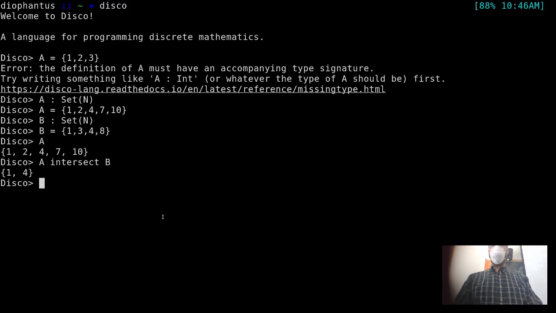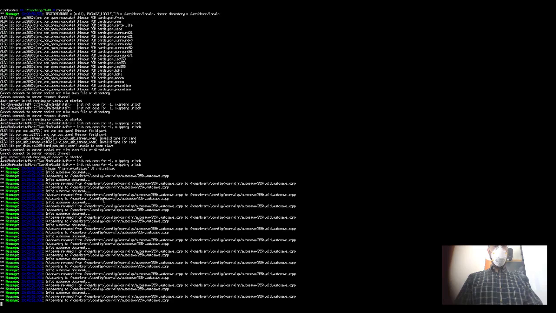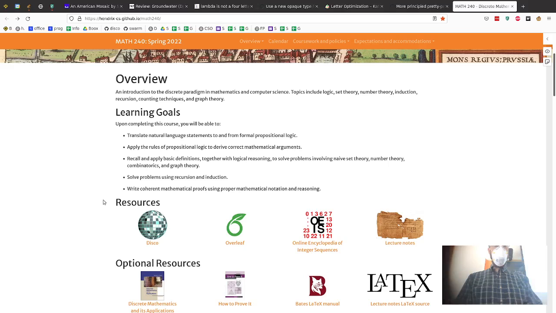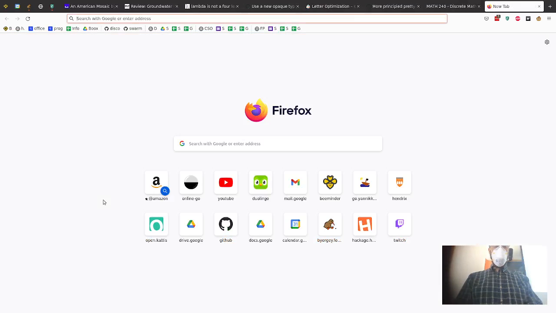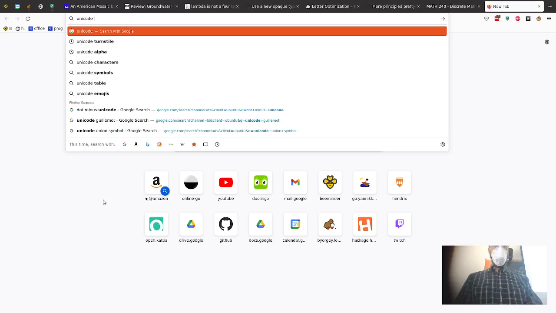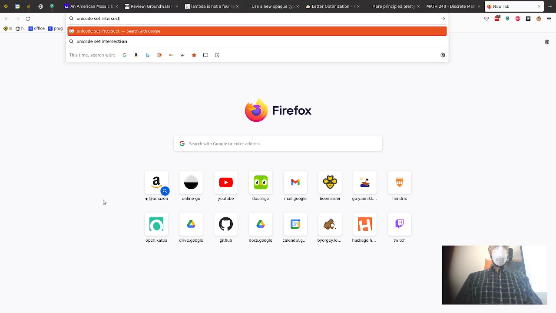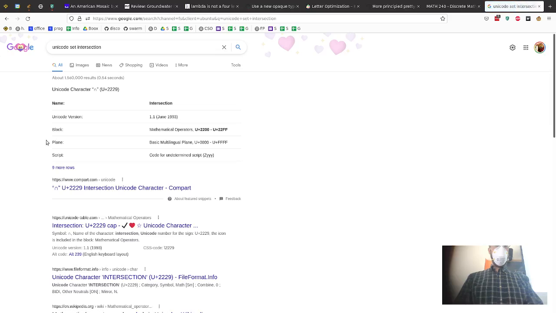If you want to copy paste the Unicode intersection symbol in, you can do that. I don't know if there's a good way to type it. I guess I could search here: Unicode set intersection. There it is, the Unicode character.